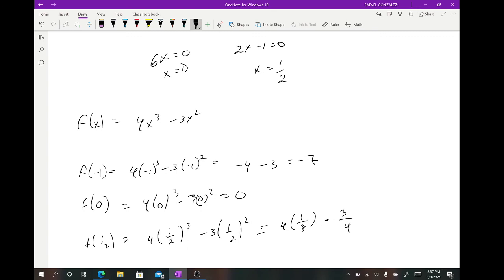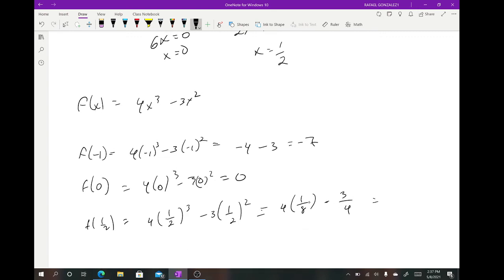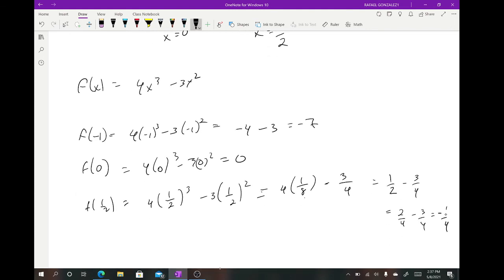And 4 over 8 is 1/2 minus 3 over 4. But notice that this is just the same thing as 2 over 4 minus 3 over 4, which is equal to -1 over 4. You multiply the first fraction by 2 times 2. So we get -1 over 4.